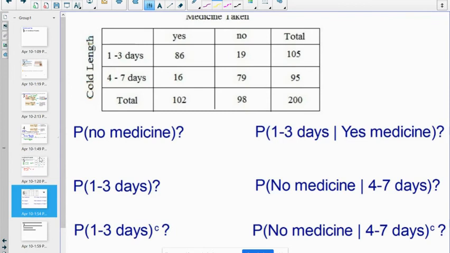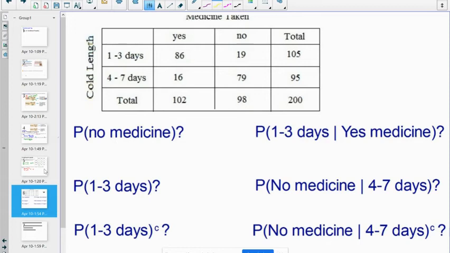I'll get some more practice here. Okay, so now we have another table. First, the probability of no medicine. I'm going to try the pen again. I tried to screw it back up and screw it back on.